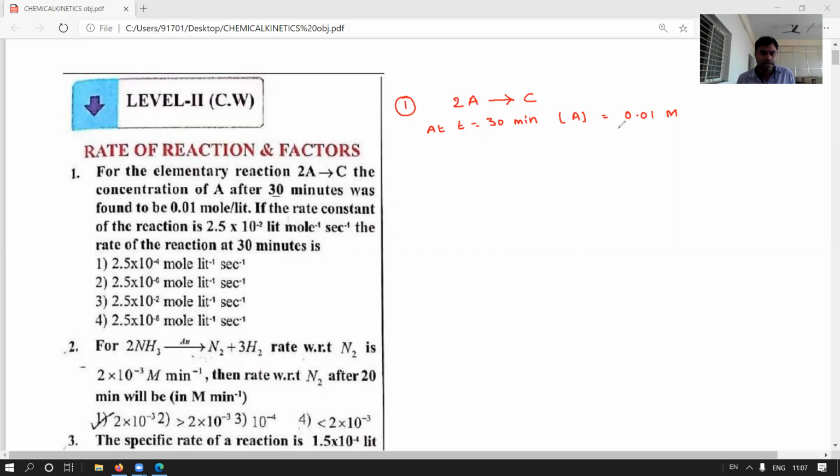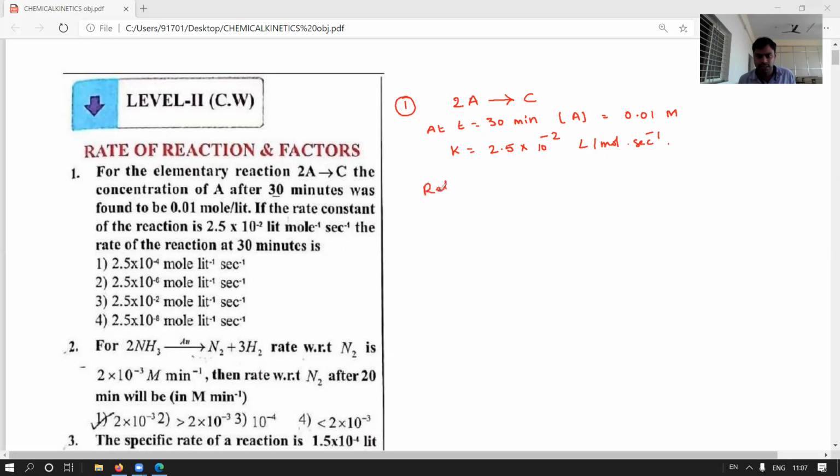The rate constant, k value, they also gave: k is equal to 2.5 into 10 to the power of minus 2 liter per mole per second. Okay, this is the rate constant value. Find the rate of the reaction at 30 minutes.